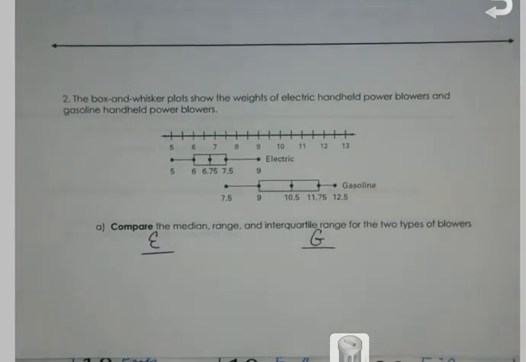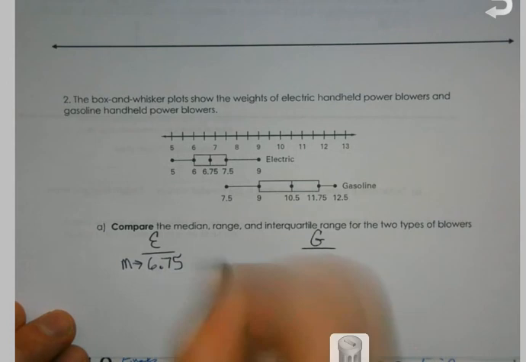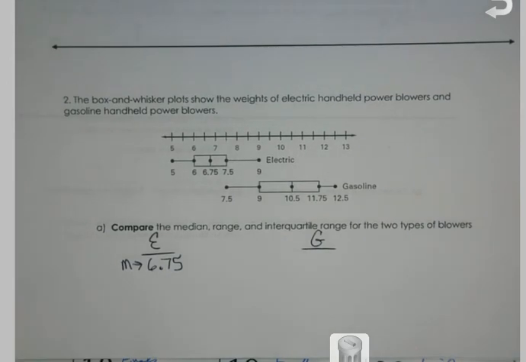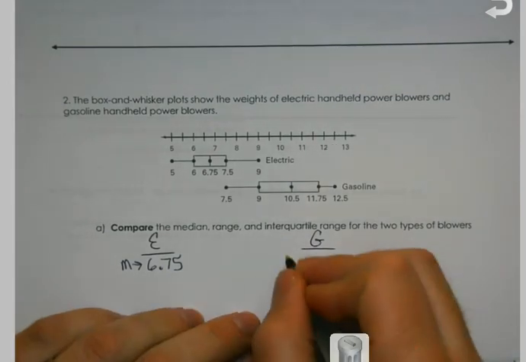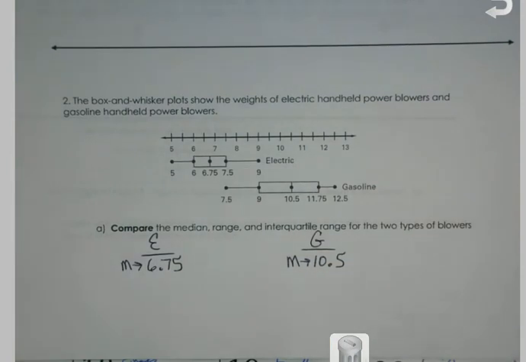So compare the medians. Okay, what's the median of my electric blower? 6.75. Nice, okay. My median is 6.75. What about for the gas one? 10.5. Okay, just being able to read one of these is an important thing.